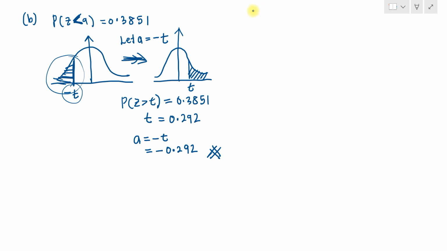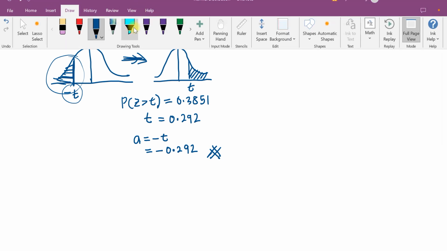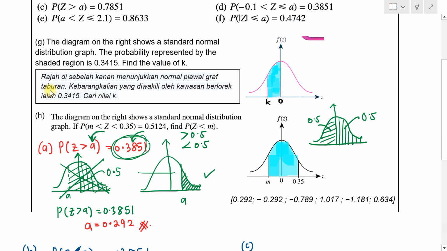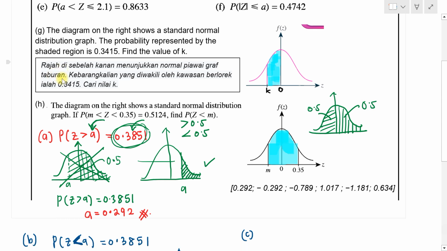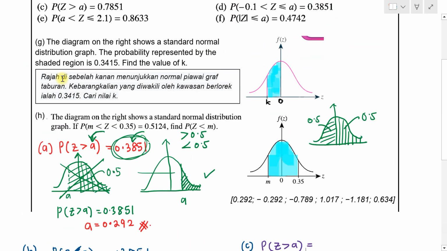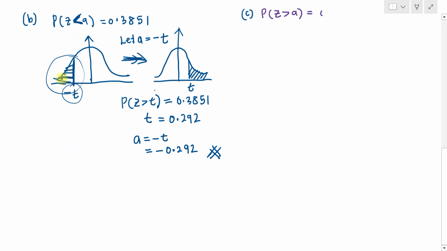Alright. So part C. What is the question? Probability Z greater than A equals 0.7851. Right, so we need to construct the graph first.